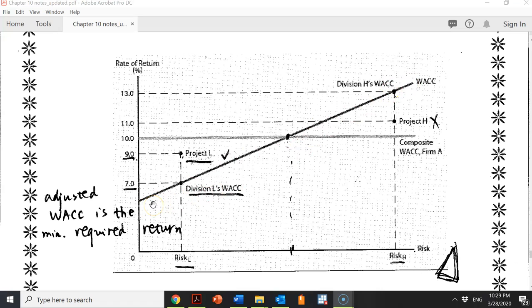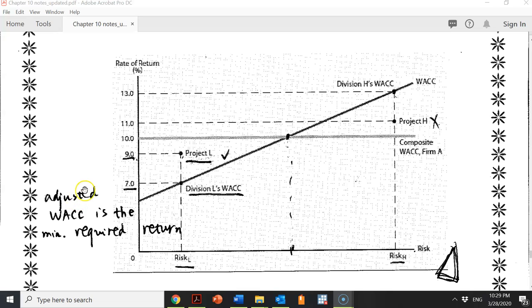Because for different projects, we have different WACC. For riskier projects, we would have a higher WACC. For less risky projects, we have a lower WACC.